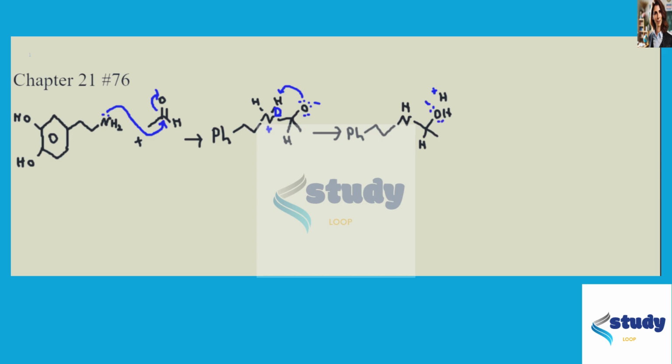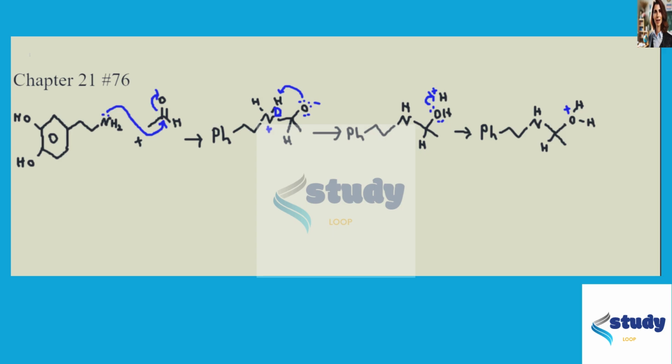And so one of the lone pairs on this alcoholic oxygen will grab that proton. So this is now OH2, obviously a positive charge on it because the oxygen has 3 bonds.